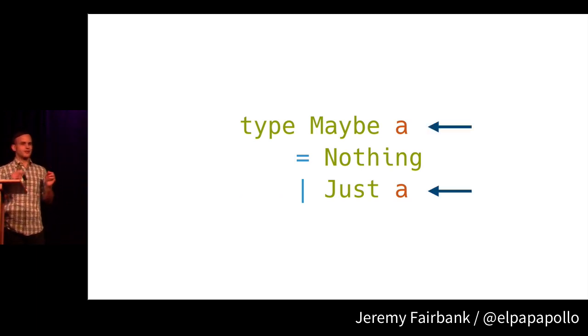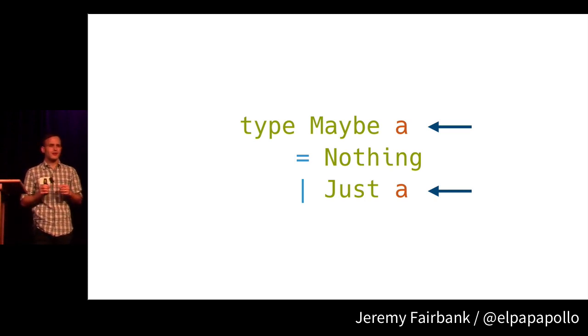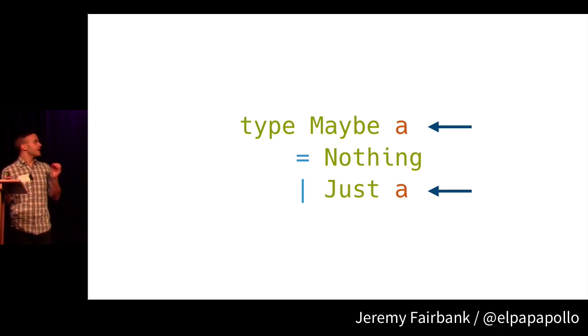So these constructors or values can also take arguments themselves, so they can actually be constructor functions that create an instance of the maybe. In this case, this lowercase a is something we call a type variable. And really that's just a fancy way of saying that I can have maybe of anything, of any other data type. So a is just kind of a fill-in for string or integer or anything like that.